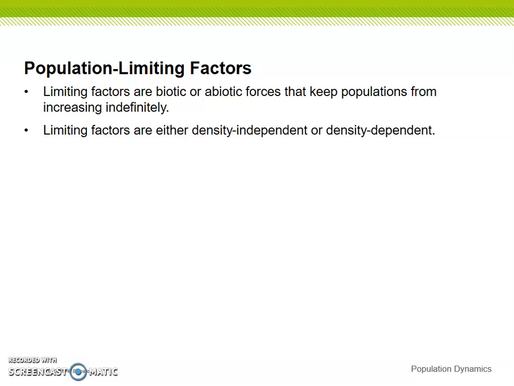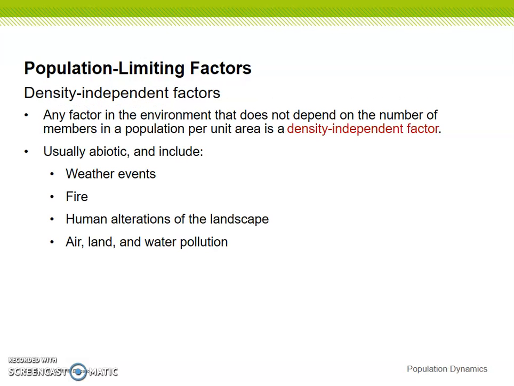Population limiting factors. Limiting factors are biotic or abiotic forces that keep populations from increasing indefinitely. They can be either density independent or density dependent. Density independent factors are any factor in the environment that does not depend on the number of members in a population in that area.